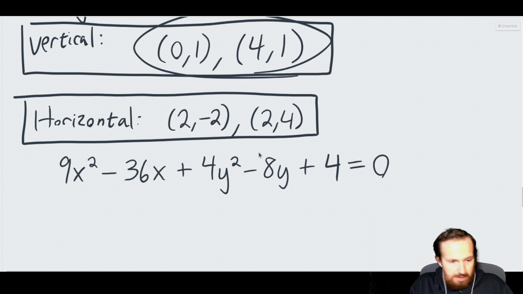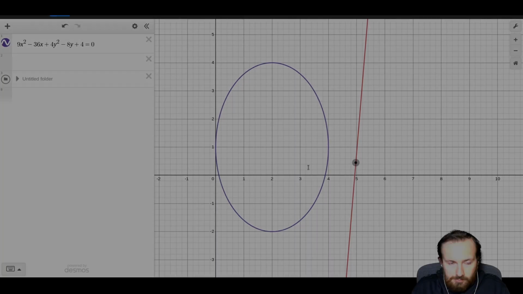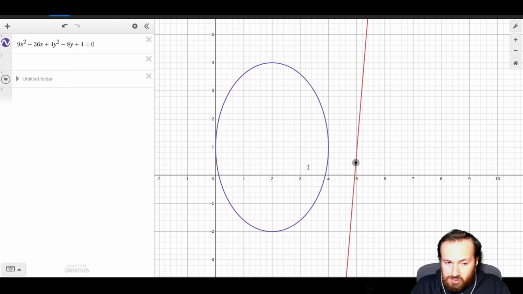Let's take a look at it in Desmos to see if it makes sense. So the question is, do the answers that we got make sense? And the answer is actually yes. One other interesting side note here is that apparently the function that we've been dealing with this whole time has been an ellipse. Again, we didn't really know that. We didn't need to know that.